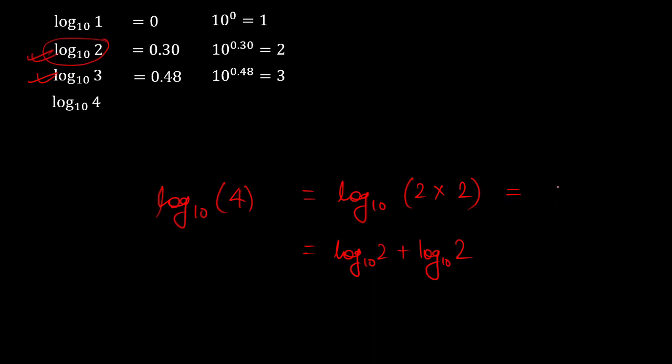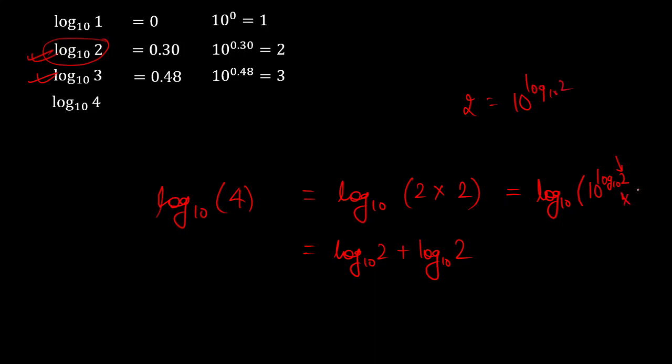This is nothing but the law of exponents. So log 10, and I can write 2 as 10 to the power log 10 2. You can see that I am applying a logarithm and an exponential of the same base on 2, so I will get 2 back.